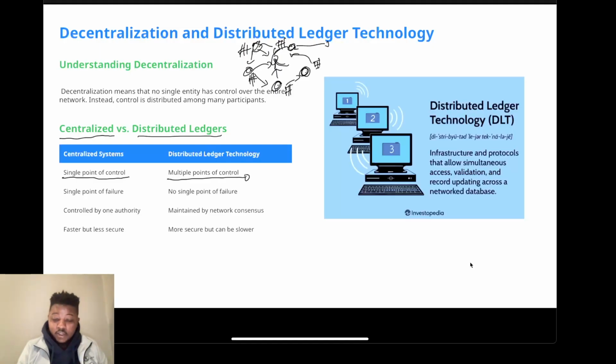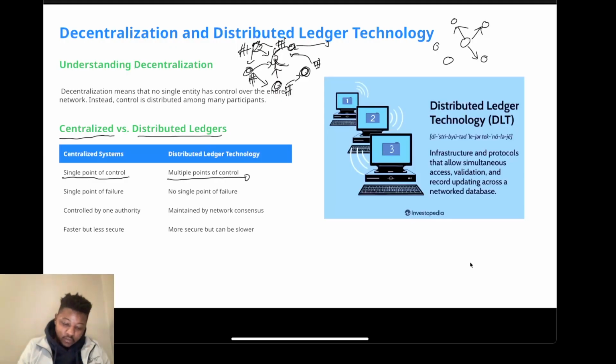So in essence, this network supports redundancy. Even when one or two nodes are not available, the network can still function, as well as when other nodes are not available. So you can see here that these nodes are not connected, yet the others can still work.